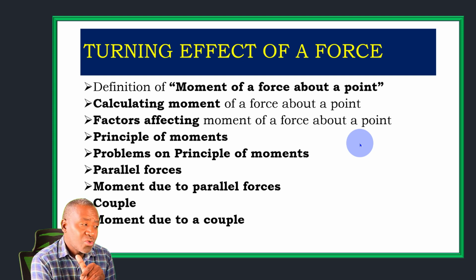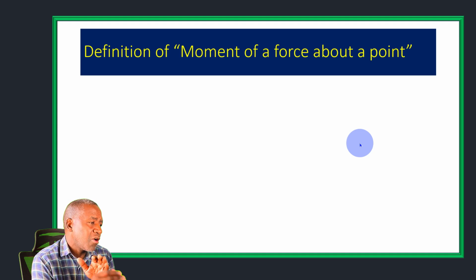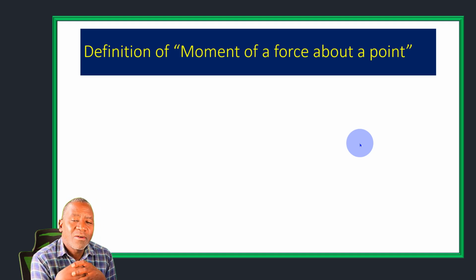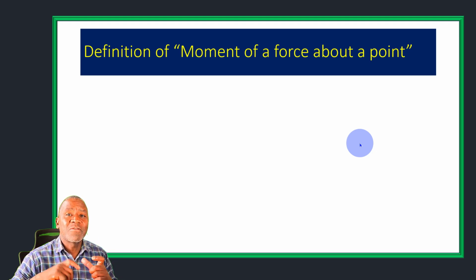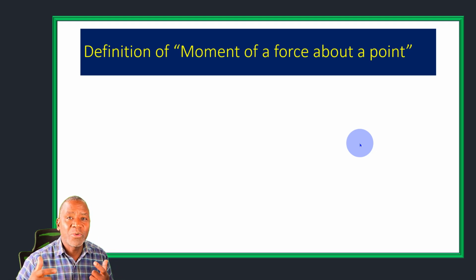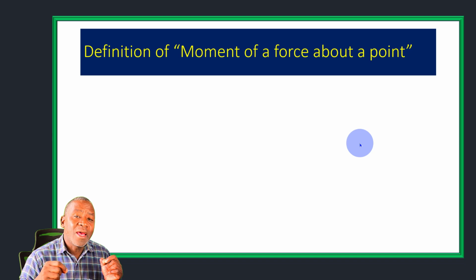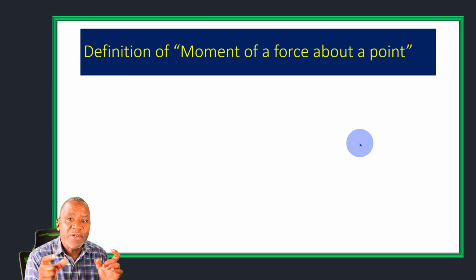Now let's go straight to the definition of the term moment of a force about a point. But before we go there, I'd like to state that before you look at this topic, you have already looked at the concept of force as either a push or a pull, and then after that you've stated the SI units of force as Newton, and then very importantly you have looked at the various effects of a force.